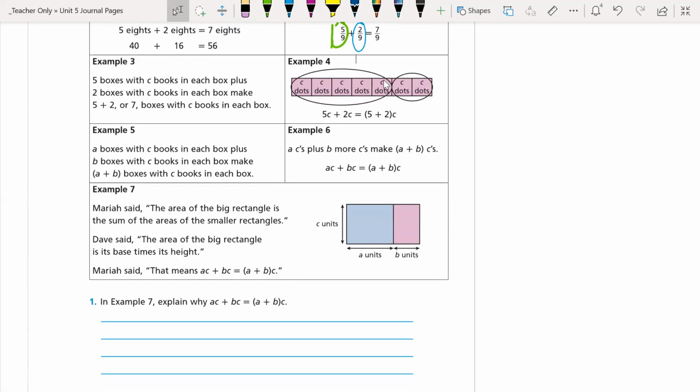That's a drawn out version of, we have 1, 2, 3, 4, 5 boxes with C in each box, plus 2 more boxes with an unknown value, similar. So we have 5C plus 2C, or 5 plus 2 with C in each box, 5 plus 2 times C.